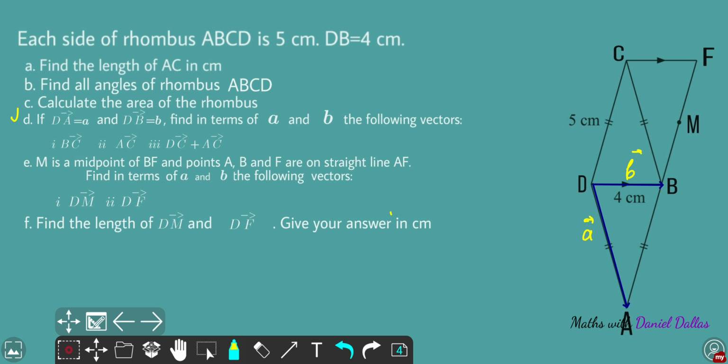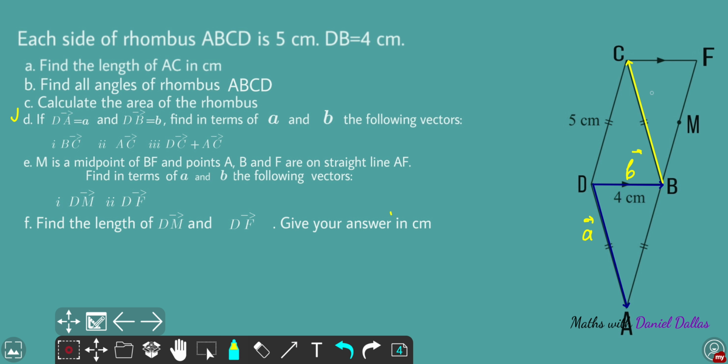So first BC, okay. So BC is simply that vector, so that's why I changed the color. So from B to C. And that's going to be the opposite to the vector DA.